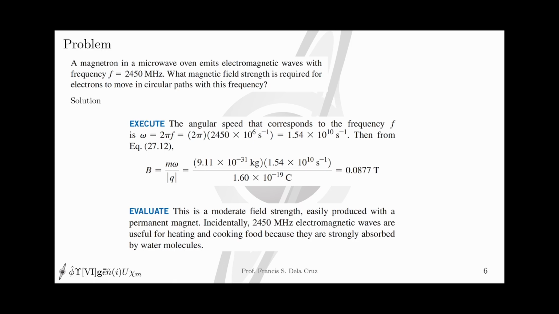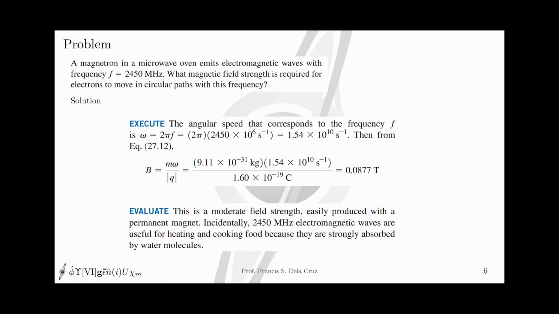Incidentally, the 2450 megahertz electromagnetic waves are useful for heating and cooking food because they are strongly absorbed by water molecules. Take note, just a trivia. 2450 megahertz is equivalent to 2.45 gigahertz.